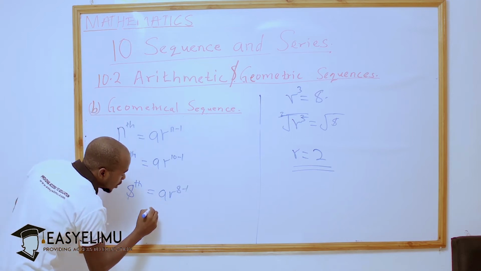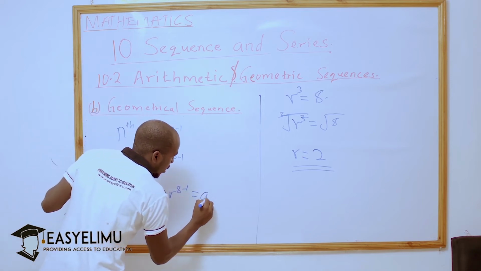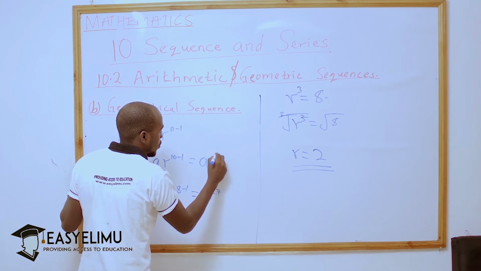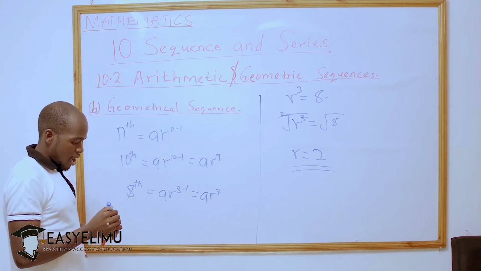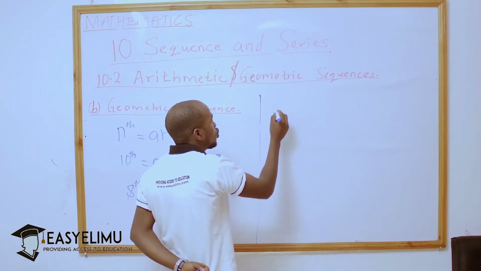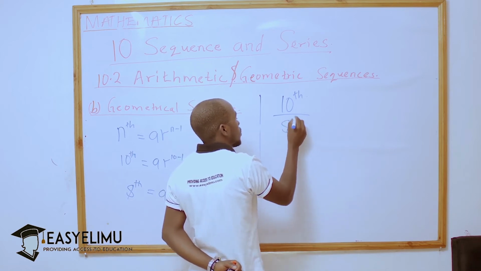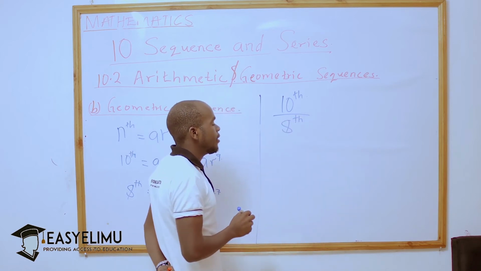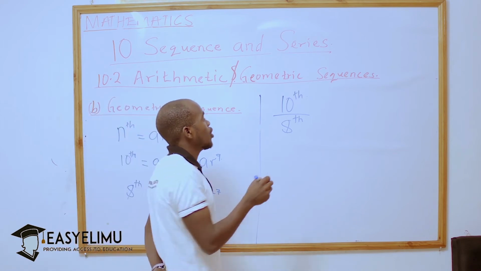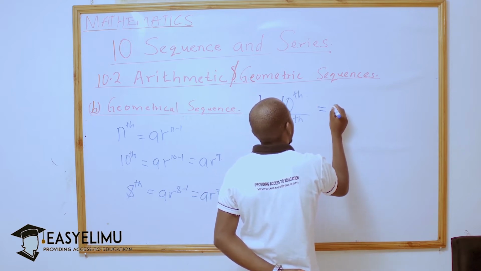This one is going to give you ar^7, and this one is going to give you ar^9. After getting that, you have been told that if you take the ratio of the two, that is the 10th term to the 8th term, the answer is 9.